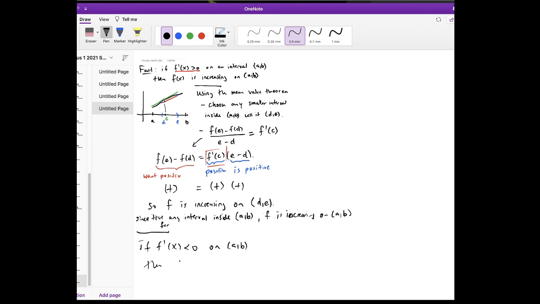Then f is decreasing on AB. Okay, so any questions about that? So we have a direct relationship between increasing and decreasing.